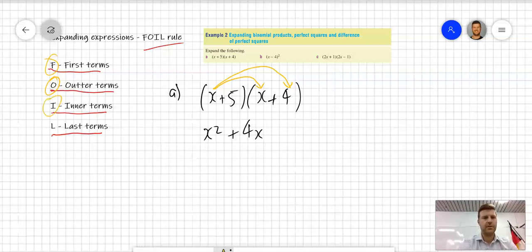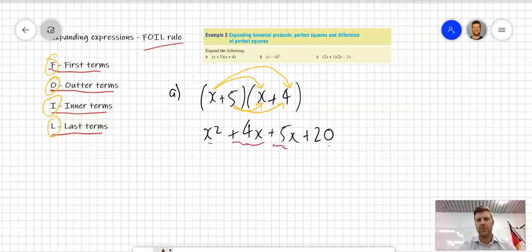Then I'm going to do the inner two terms. So the innermost terms here are positive 5 and x. So multiply those two together to give me positive 5x. And then I'm going to do the last term from each set of brackets, which is 5 times 4, positive 20. Now I'm at a point where I've got four terms in my expression.